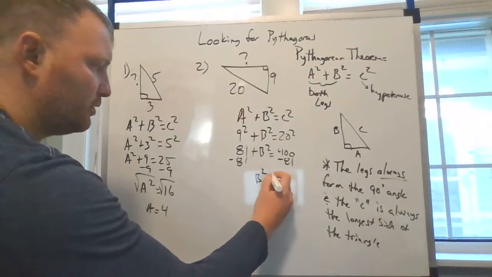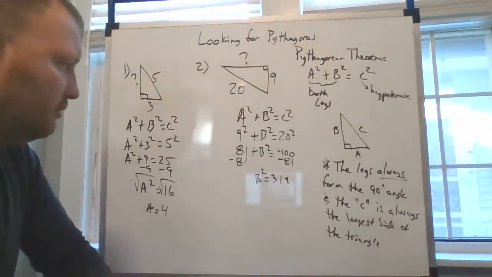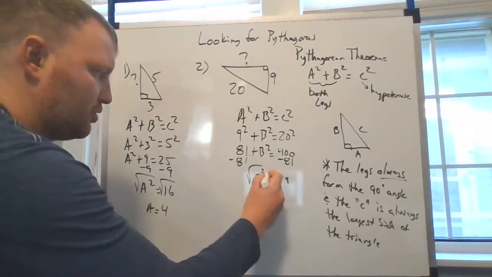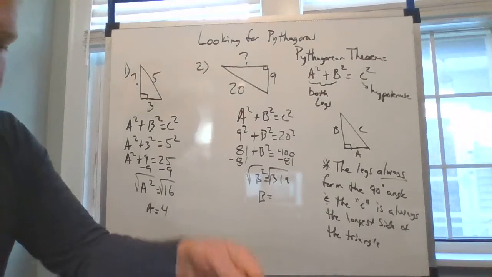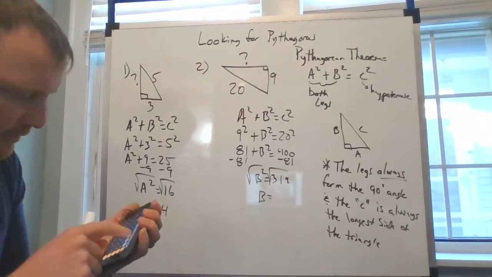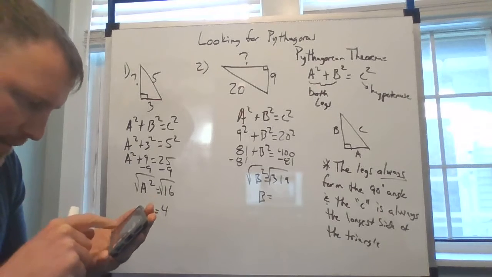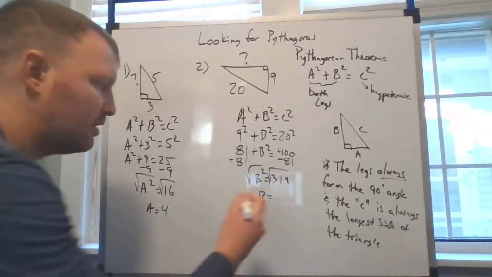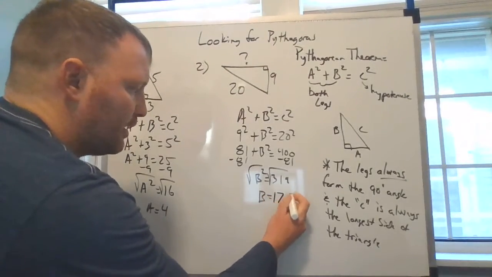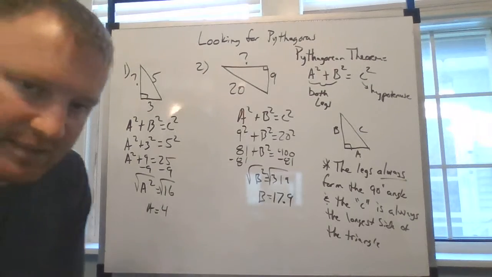B squared equals 319. This will be some messy number, which is fine. Square root both sides. B is going to equal square root of 319, 17.86. So 17.9 to round it to the nearest tenths. And that is that.